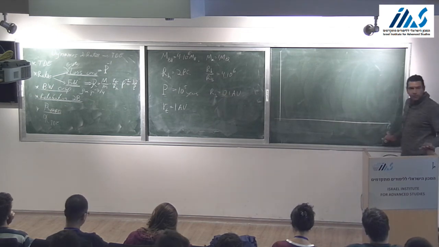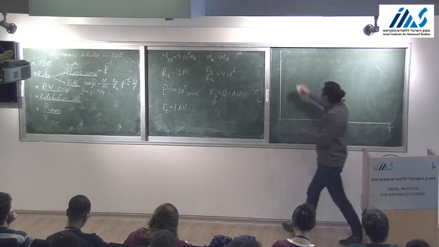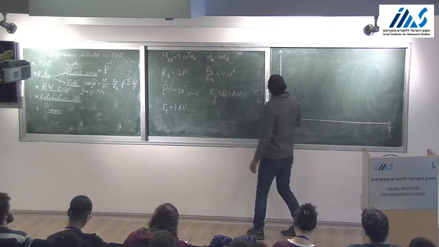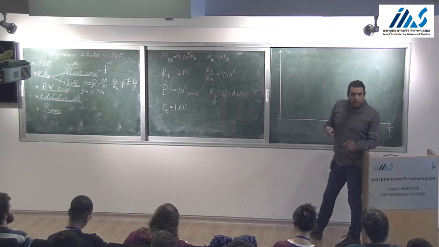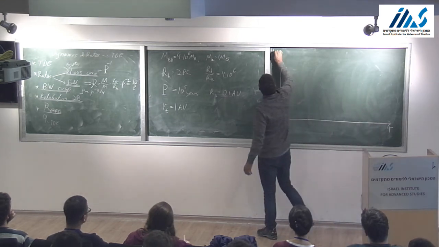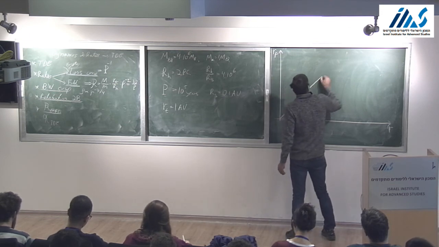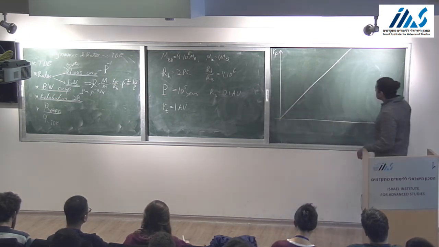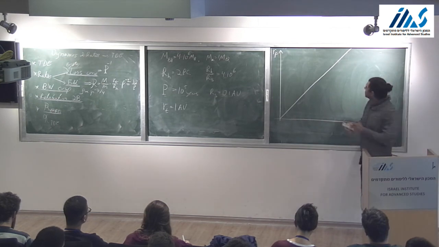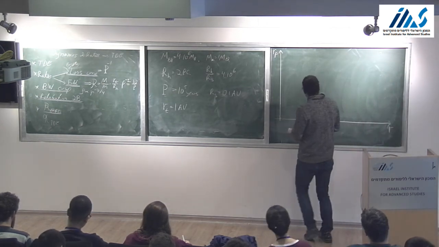This is the distance from the black hole, r. And this one here is the periapse distance of an eccentric orbit. This is the line of periapse equal semi-major axis. It's a bit too steep. I only need 45 degrees.